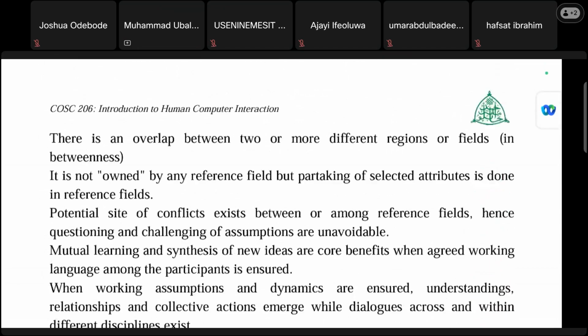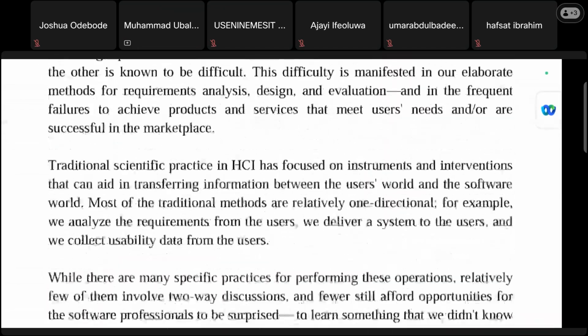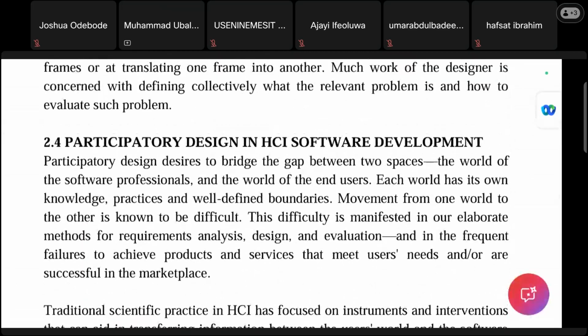Now, let's look at participatory design in human computer interaction software development. Now, when talking about participatory design in this context, we say that participatory design desires to bridge the gap between two spaces, the world of the software professional and the world of the end users.